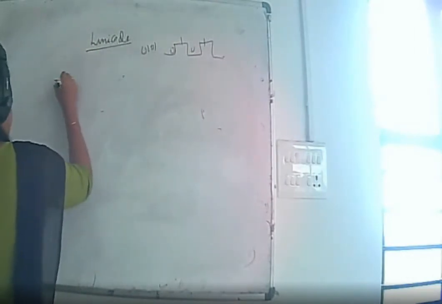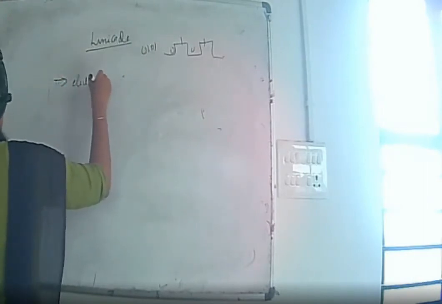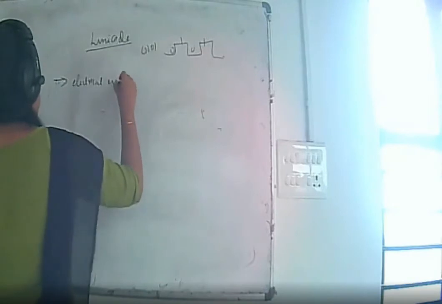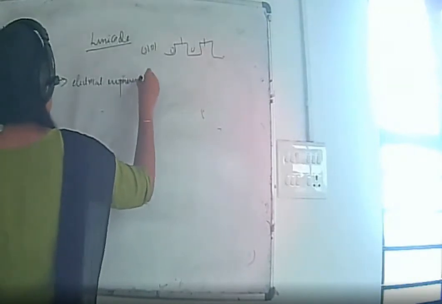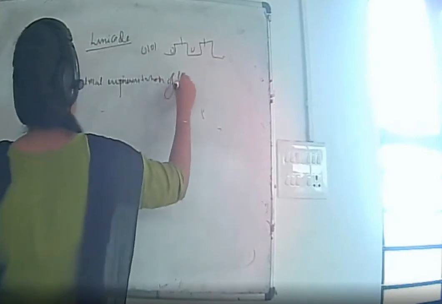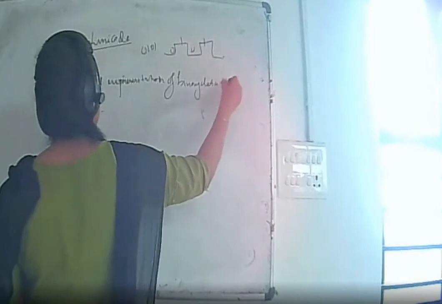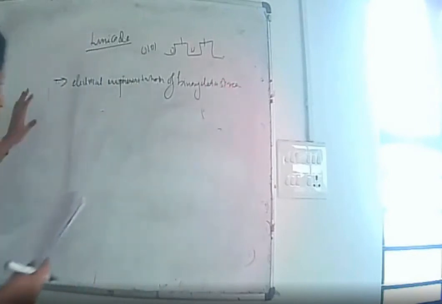That is, these line codes are used for electrical representation of binary data stream.